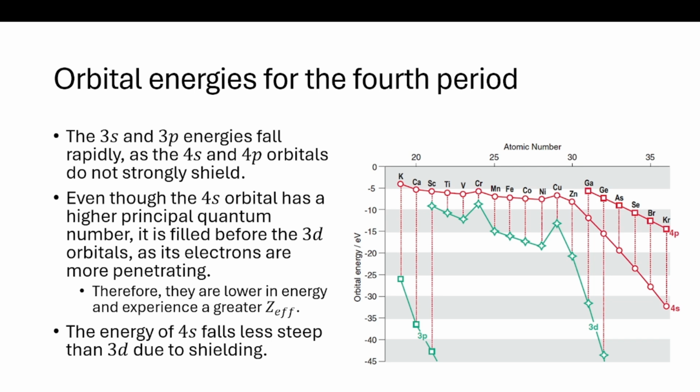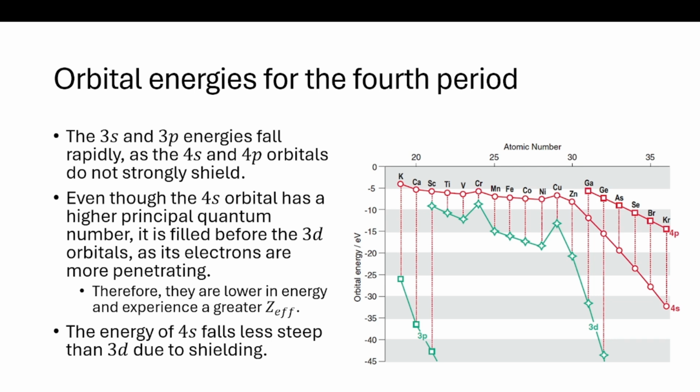Anyways, going on about the orbitals, we can look at the 4s and the 3d orbitals. Now, we can see that the 3d orbital has a lower principal quantum number, which is 3, and the 4s orbital has principal quantum number of 4.